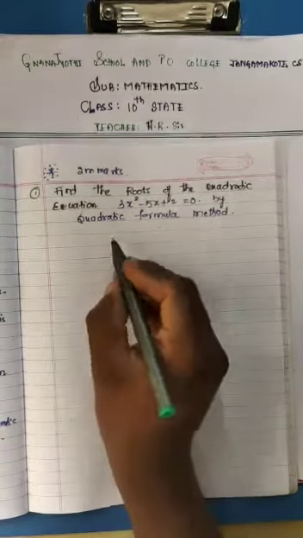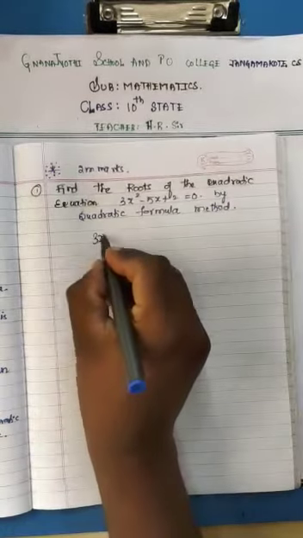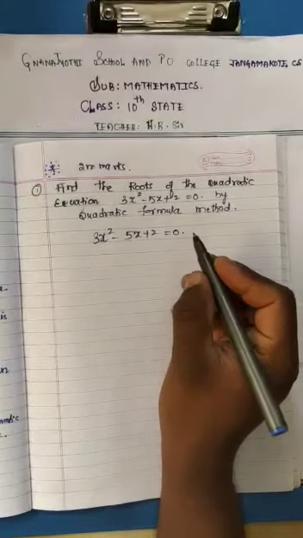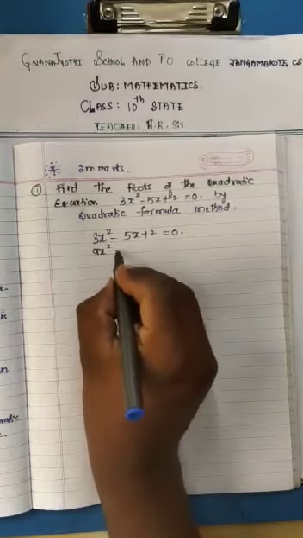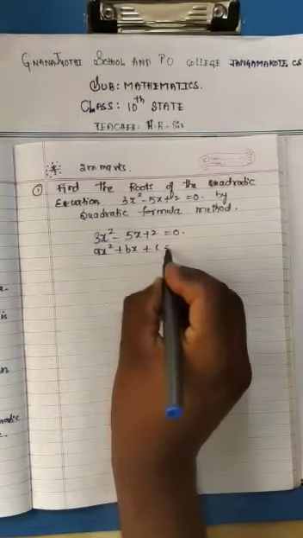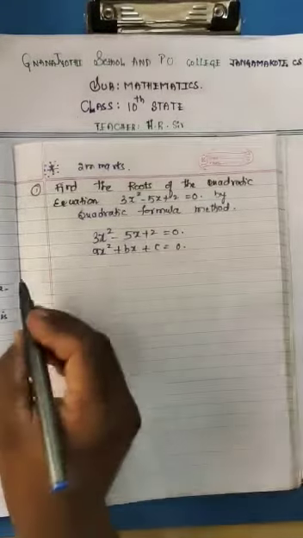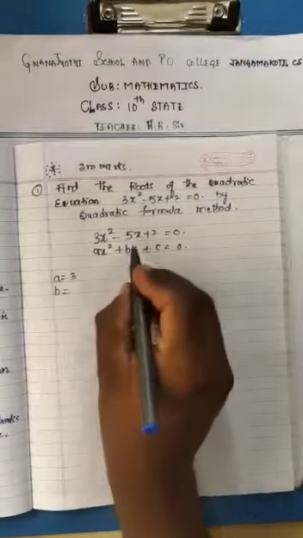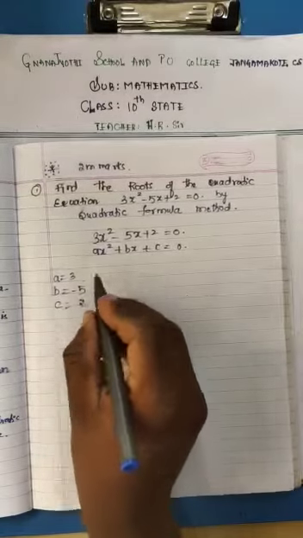The given equation 3x² - 5x + 2 = 0 is of the form ax² + bx + c = 0, the standard form of a quadratic equation. Here a is 3, the value of b is -5, and the constant term c is +2, right?